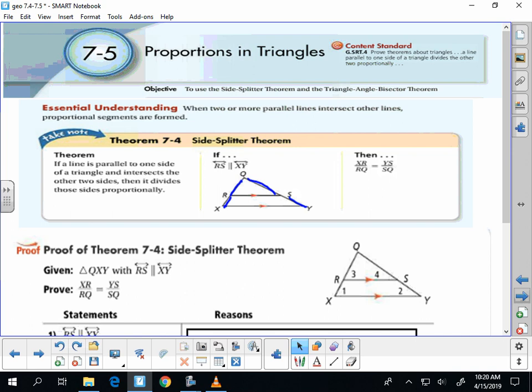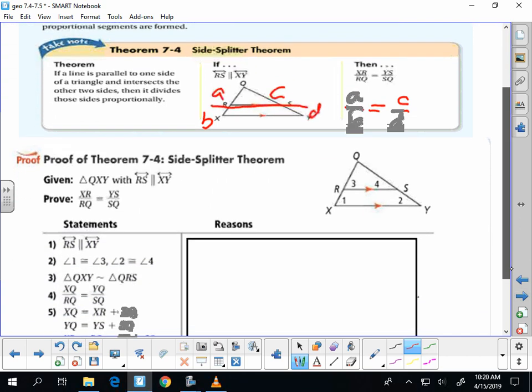What I tell kids is the side splitter theorem literally makes, if you extend the parallel line, your two fractions. If this was A, B, C, and D, it'd just be A over B equals C over D. It just breaks that parallel line and draws in your two fractions. So it's top over bottom equals top over bottom.